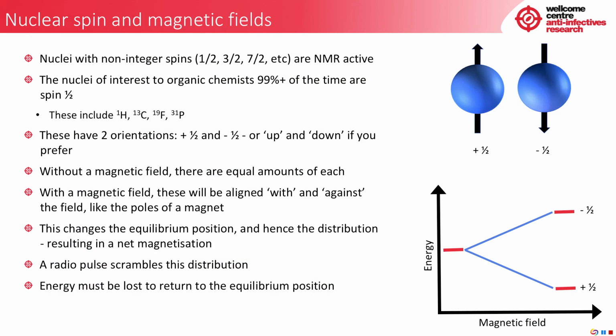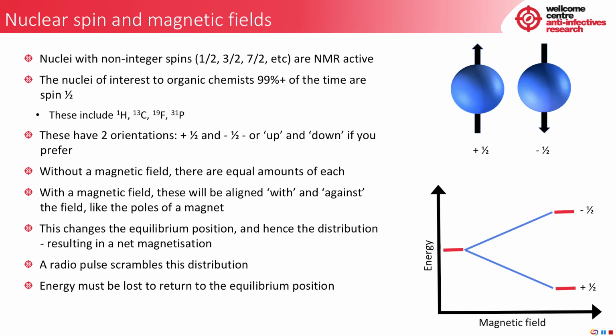However, the nuclei normally of interest to organic chemists are spin a half, which is good because it makes our lives much simpler. So examples of this include protons, the carbon-13 isotope, fluorine, and phosphorus.